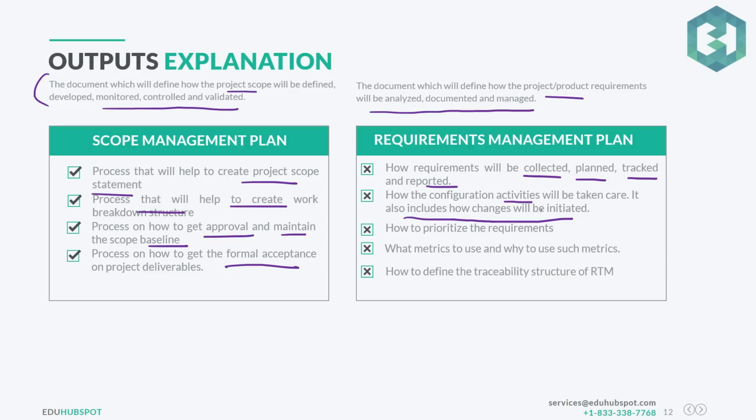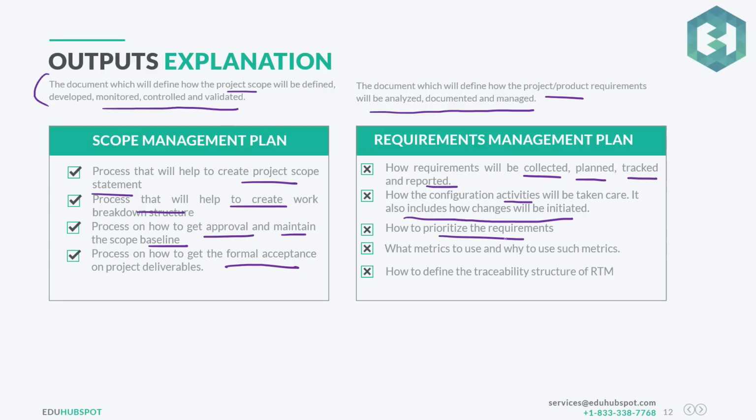Change management is all about how you will get the approval for those changes, how you will reject them, how you will do the impact analysis. But whenever you're talking about the features, first you identify the item which needs to be changed, then you track it, then you communicate it, then you audit it. All those are part of your configuration management. So do watch that video, very important, approximately 20 questions come from the perform integrated change control process.